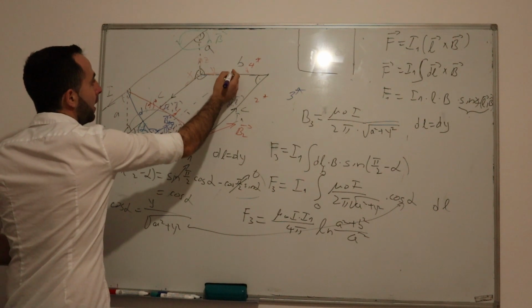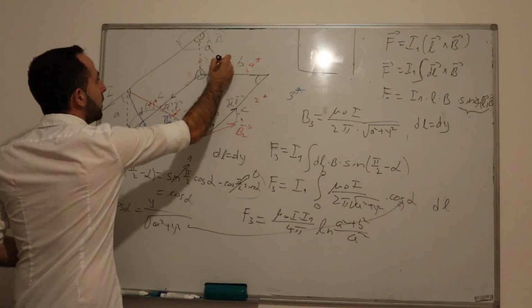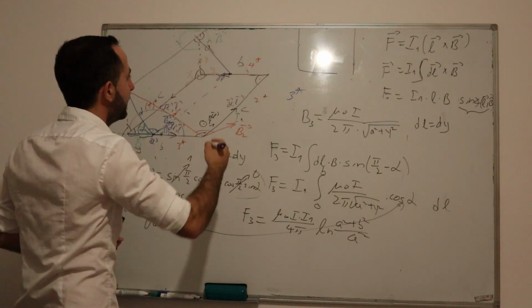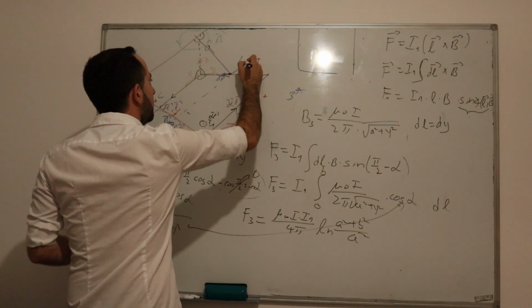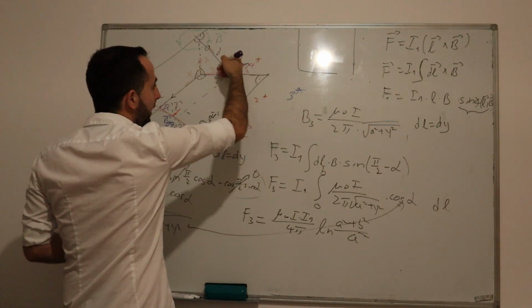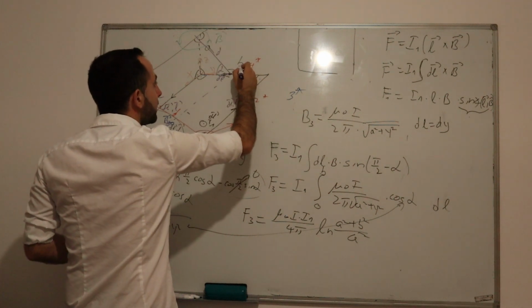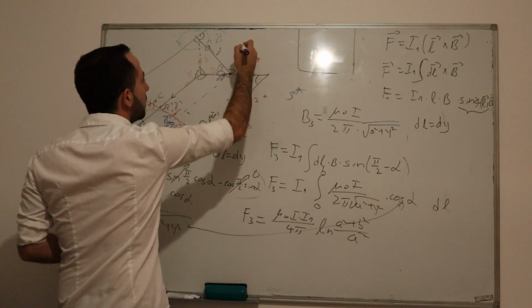But what is the difference? The difference is that dl is this. This is the distance from the conductor. It will create once again a magnetic field. This is the distance d. It creates some angle here, alpha, but the magnetic field has this angle, and this is B4.